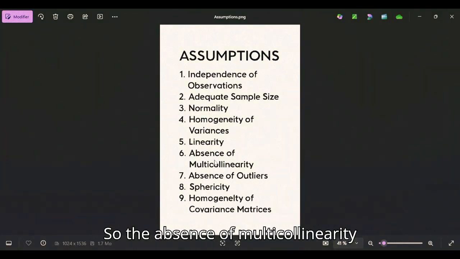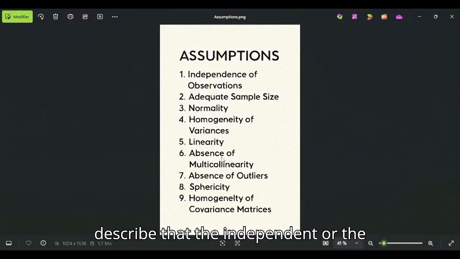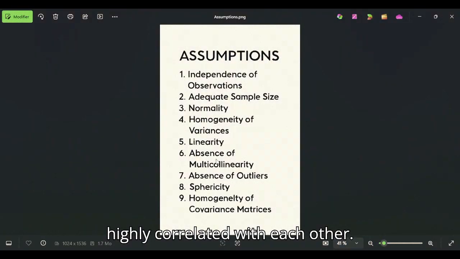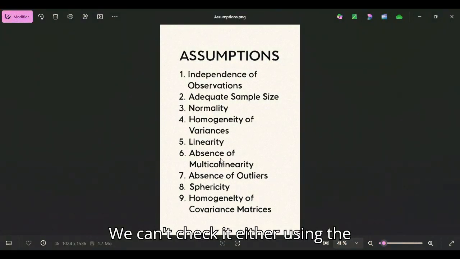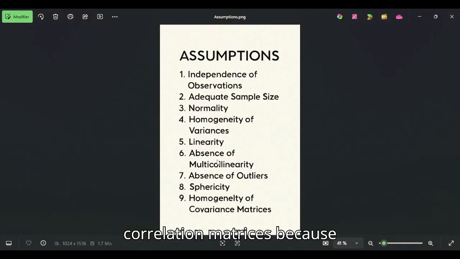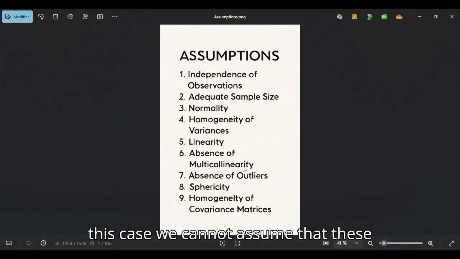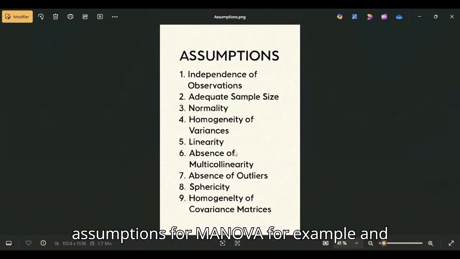The absence of multicollinearity describes that the explanatory variables should not be too highly correlated. We can check it using correlation matrices, because the R correlation coefficient between each two variables should be less than 0.9, or in other cases 0.7. When the R coefficient is above 0.9, we cannot assume this assumption for MANOVA, for example.